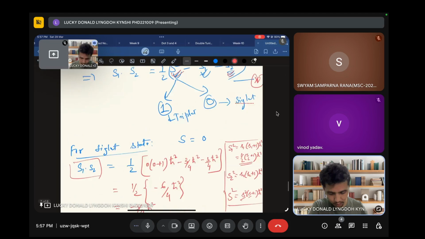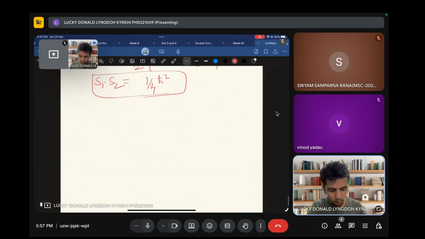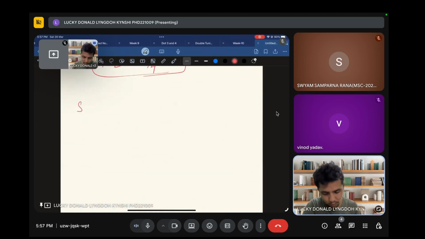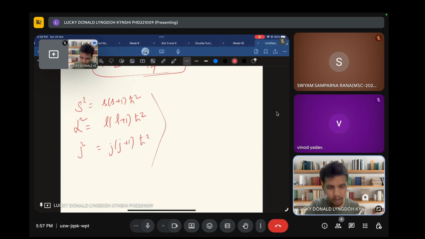If you want to go back, I think you remember this concept: S square is equal to S(S plus 1) h cross square, angular momentum L square is equal to L(L plus 1) h cross square, correct? And J square is also equal to J(J plus 1) h cross square. Whatever I have used here as S(S plus 1) h cross square is from your quantum mechanics concepts.